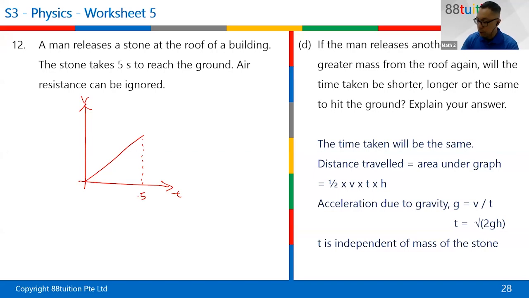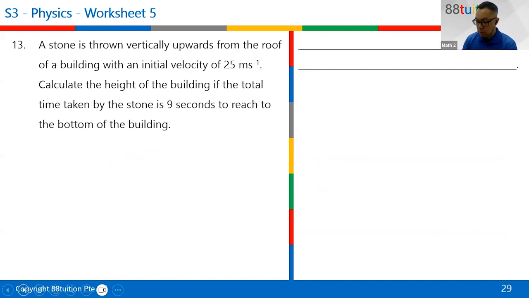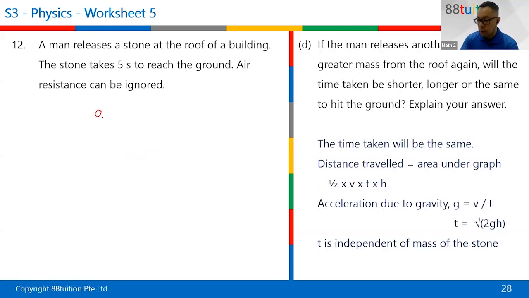Well, let it be t. a equals v minus 0 over t. So a equals v over t.